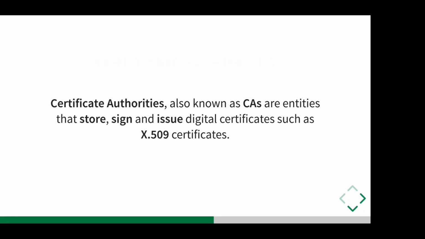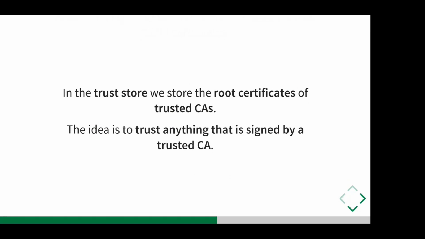Certificate authorities are the entities whose job is to store, sign, and issue digital certificates, such as the ones used by TLS, which are the X.509 certificates. As I said, with the trust store, we store the root certificates of trusted certificate authorities.